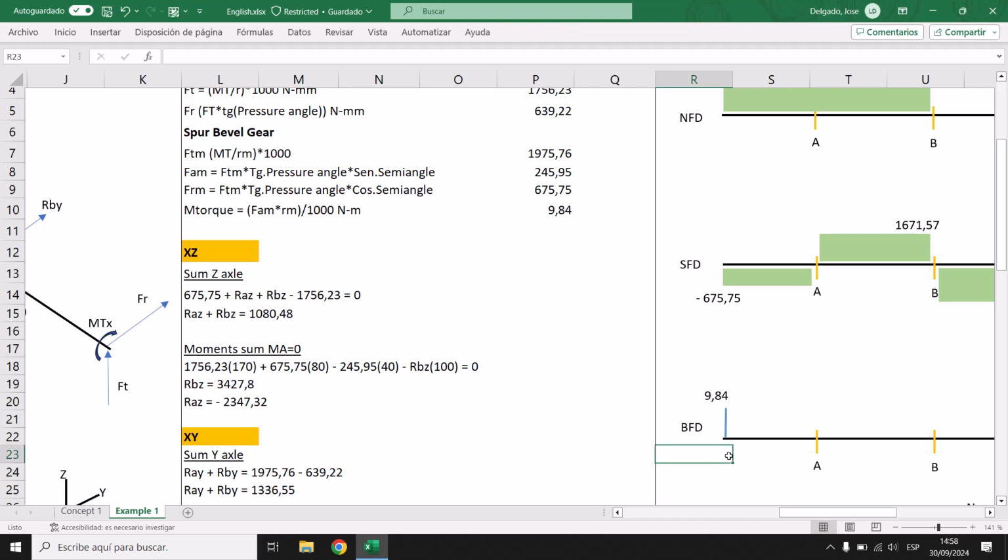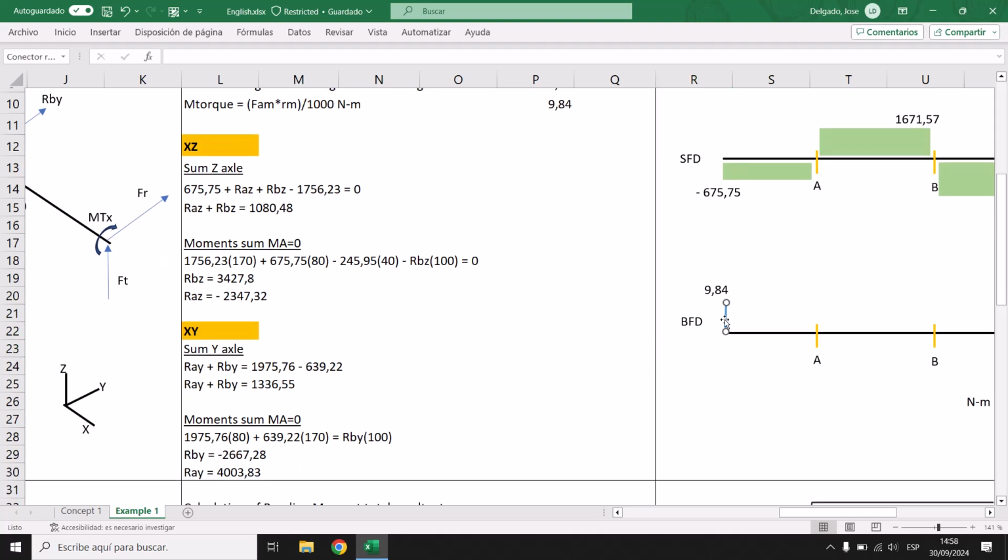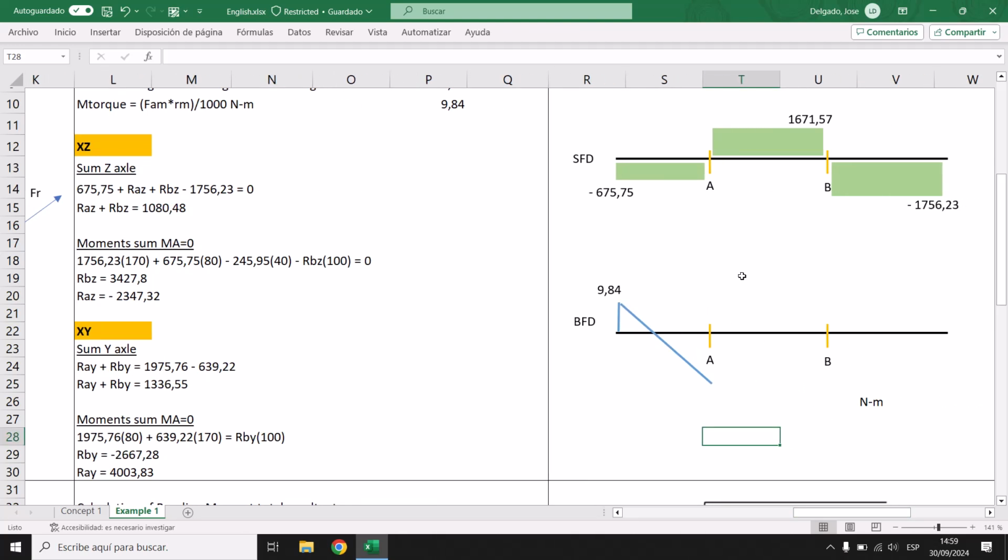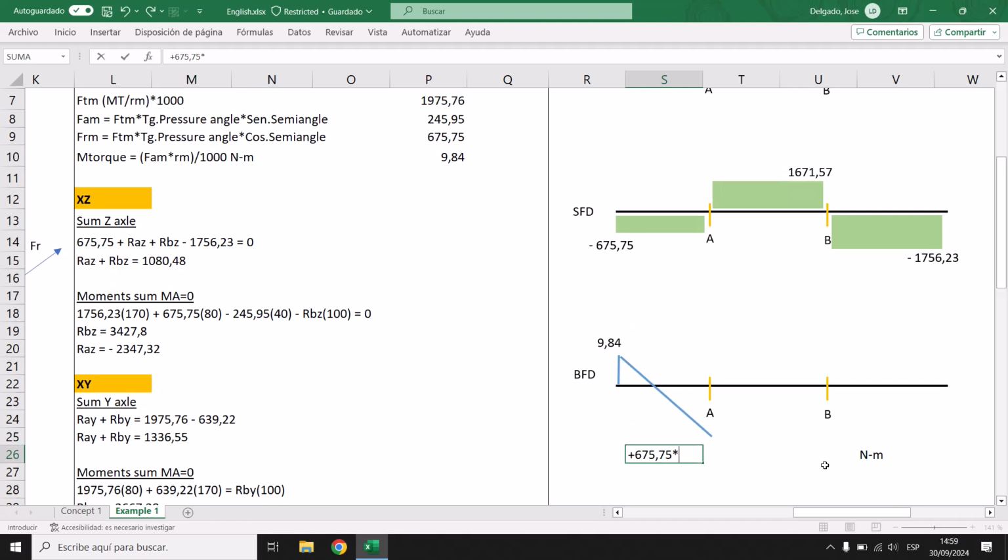Okay, so now it's time for here, but don't worry. Just copy this, because I already know it. It's going to be the area of this. If you don't remember, it's going to be 675.75 multiplied by this distance, which is 80, but it's in millimeters, so you should divide it because you want meters. And as you can see, we have a torque here.